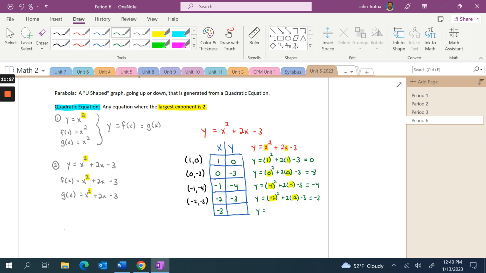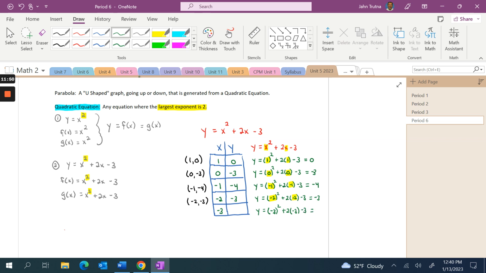Very important. It's a necessary habit. So y equals, in parentheses, -3 to the second power. I put the parentheses with the -3 because that's where x used to be, plus 2, then in parentheses, -3. Once again, I put that -3 in parentheses because that's where an x used to be, minus 3.